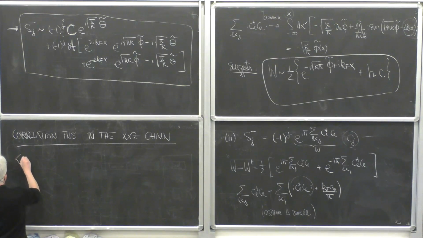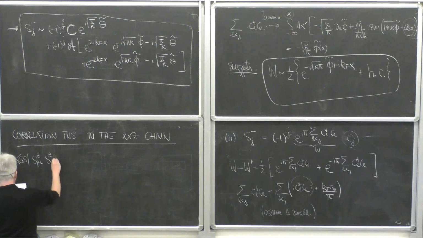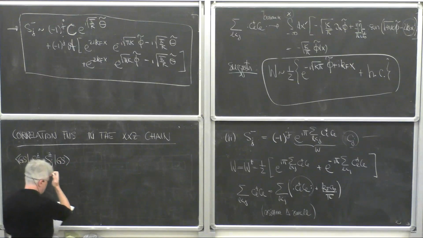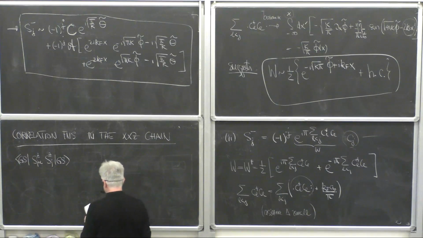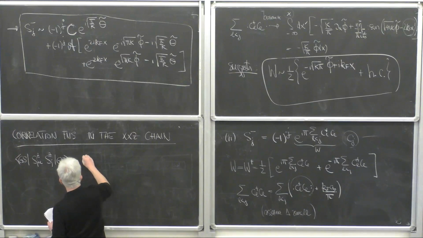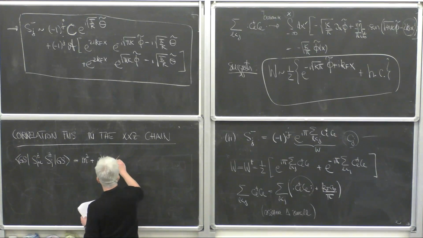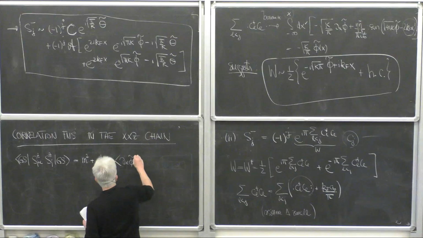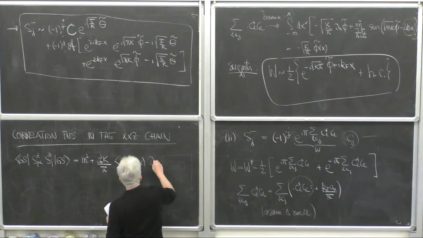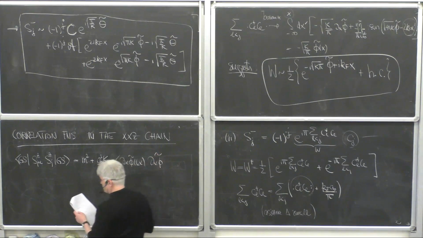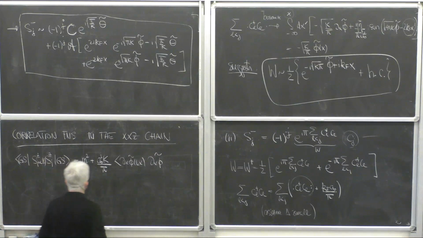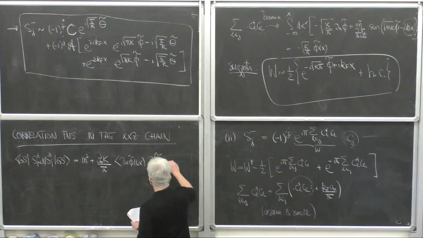Okay, so for example, let's look at the ground state correlation functions of S^z_{j+l} and S^z_j, ground state. Okay, so I will have three terms. I will have an m squared plus a naught squared k divided by pi dx phi tilde of t and x dx phi tilde of 0 and 0.